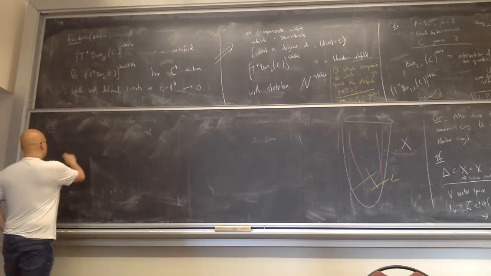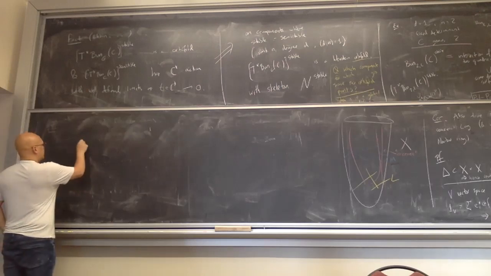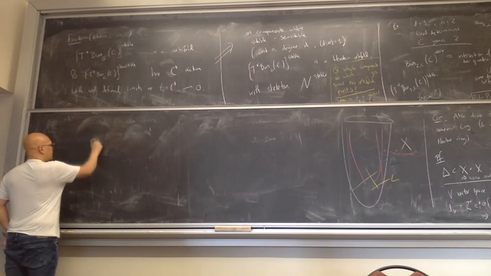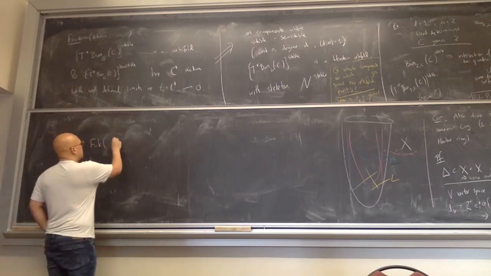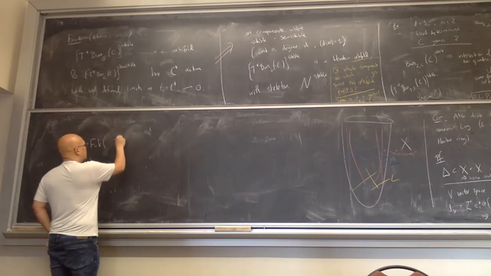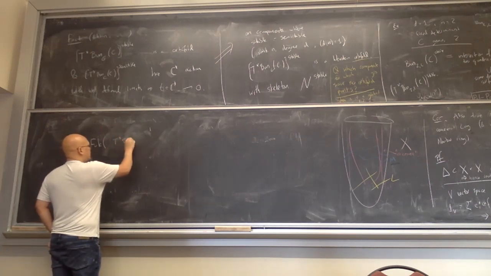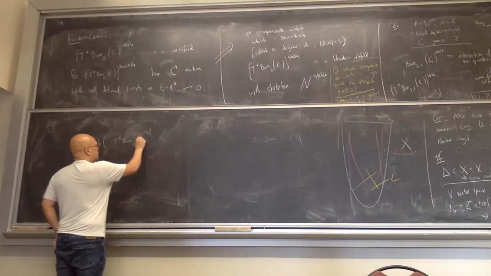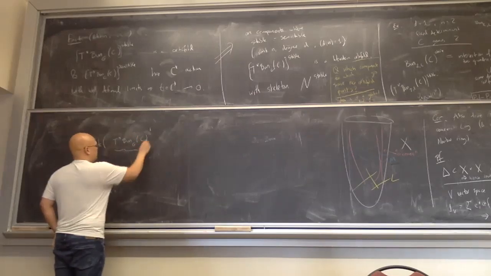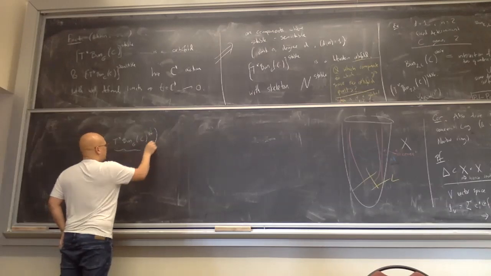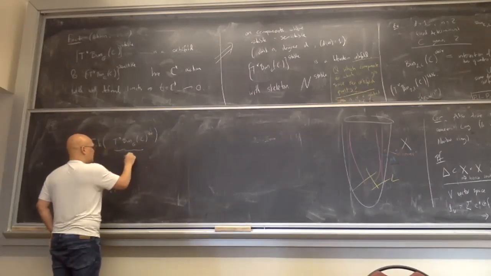Okay, so I have this Fukaya category of T star Bun_G C stable. We assume it's a good component.